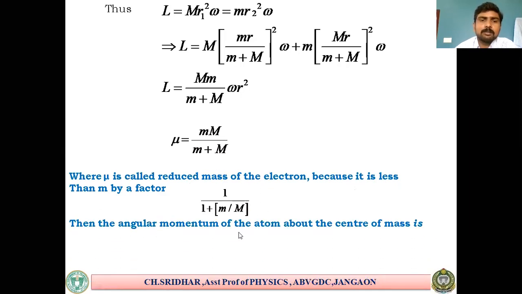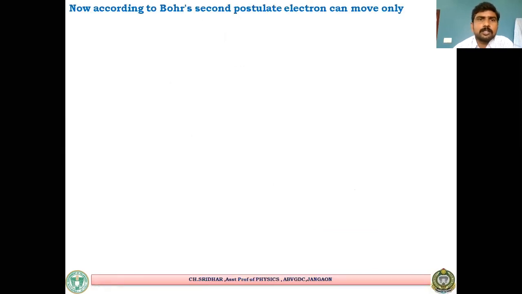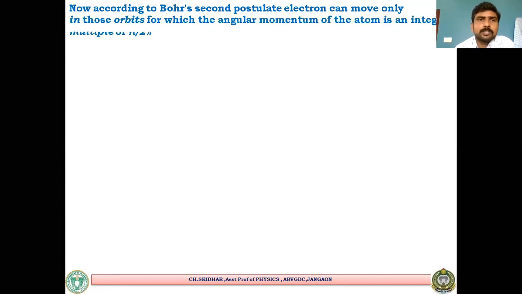So the angular momentum of the atom about the center of mass is given by L is equal to mu omega r square, where mu is equal to small m into capital M by small m plus capital M. So according to Bohr's second postulate, electron can move only in those orbits for which the angular momentum of the atom is an integral multiple of h by 2 pi.